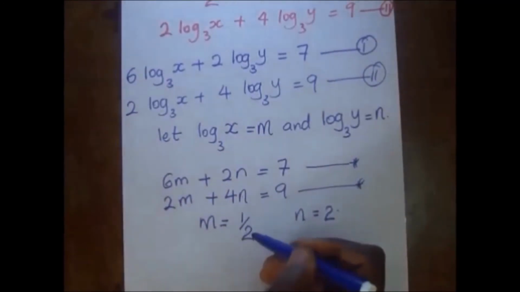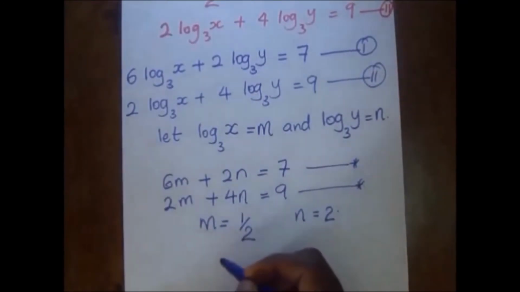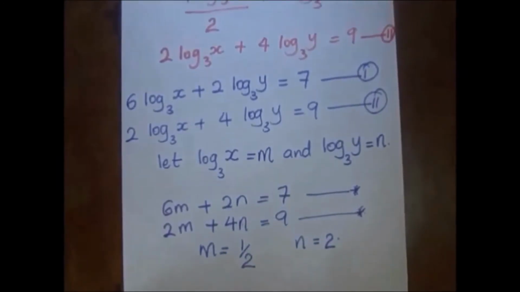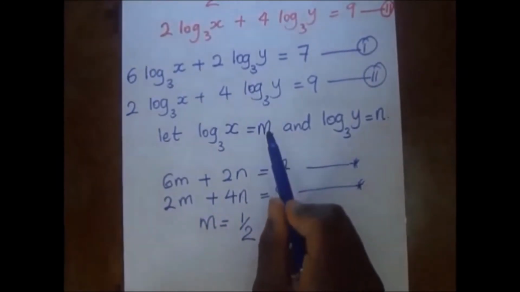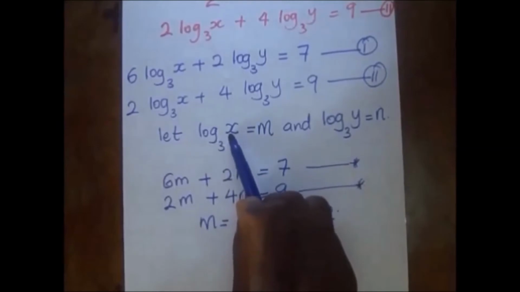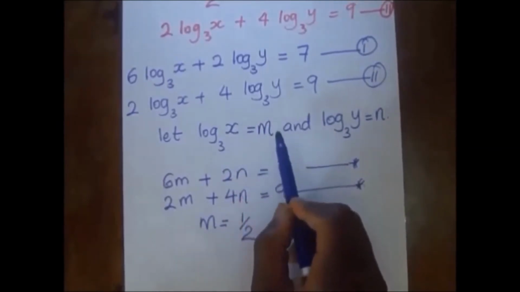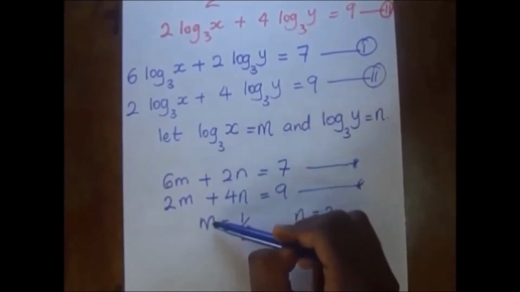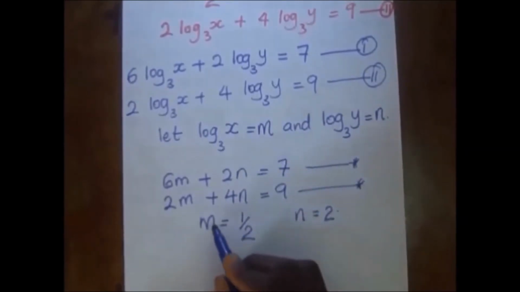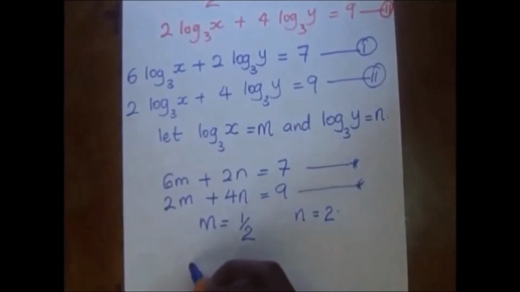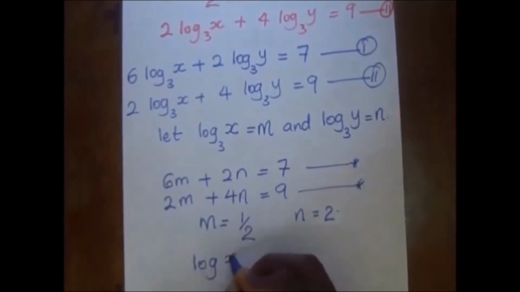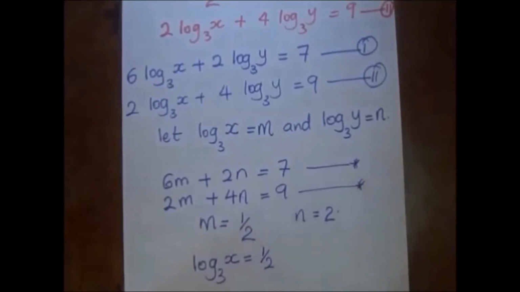So now when m is 1/2, we bring back the logs. Our value of m is log base 3 of x. We are interested in finding the value of x, not the value of m. So if m is equal to 1/2, it means that the log of x base 3 is equal to 1/2.